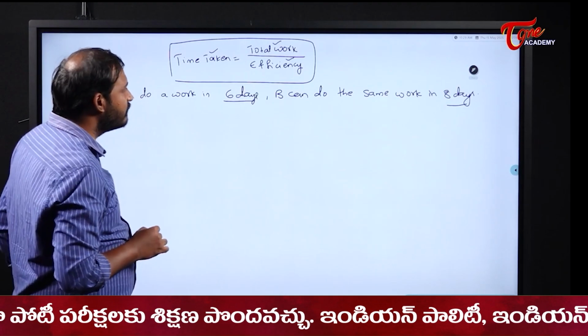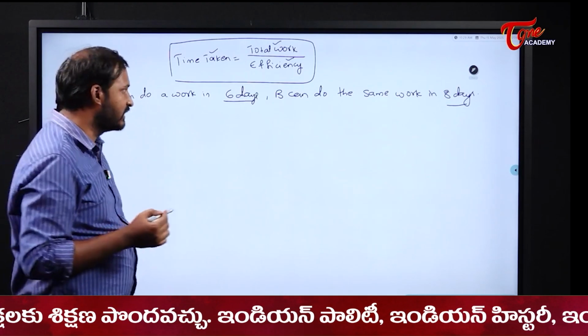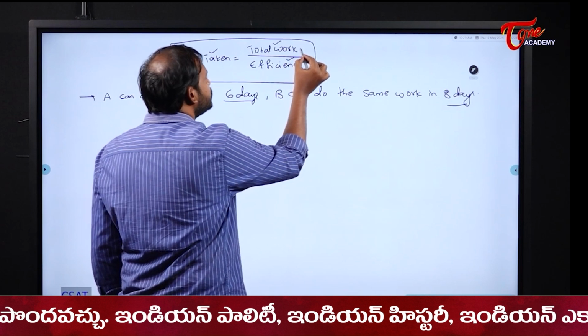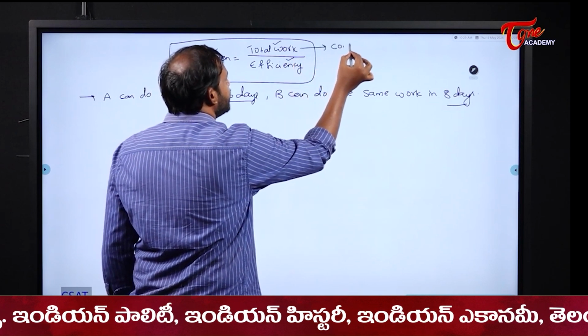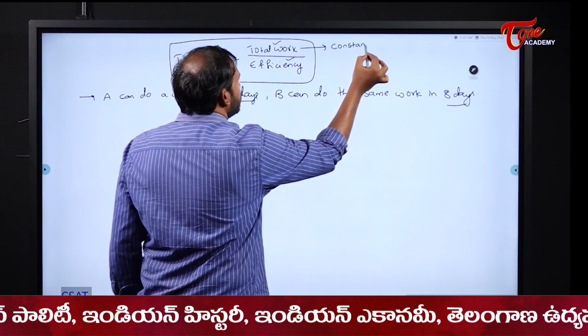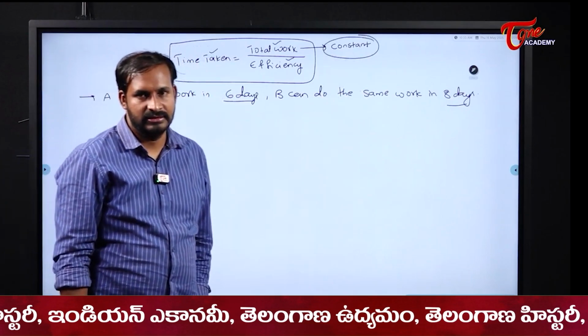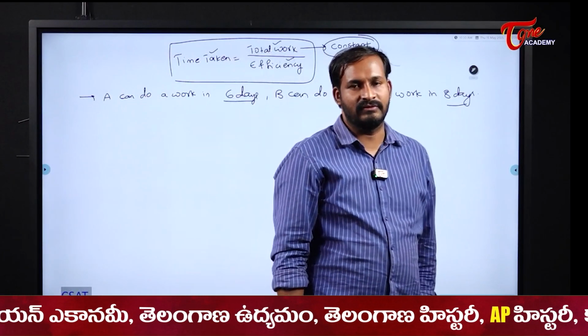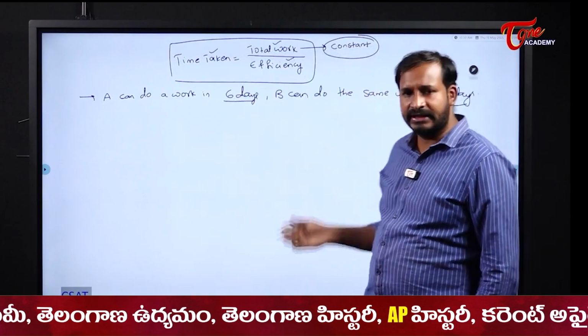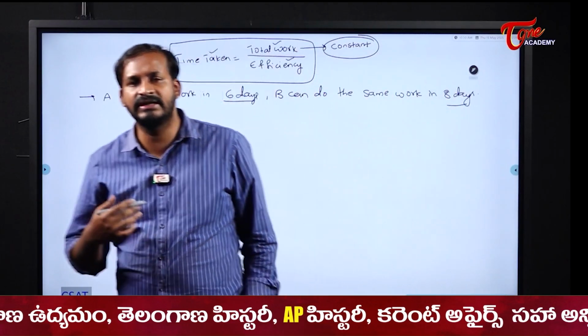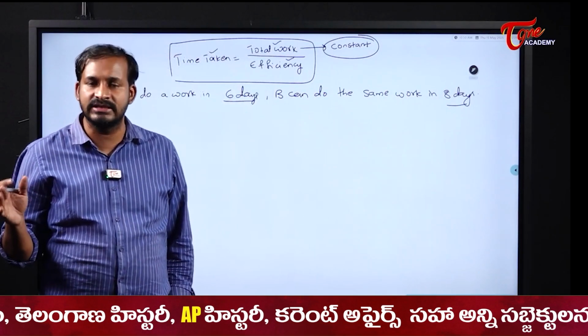But there is one more method to find the total work. See here, students, what is this total work? It is a constant. That means you can assume anything as total work. Let us assume building 10 walls, 20 walls, 30 walls, anything you can assume as total work.